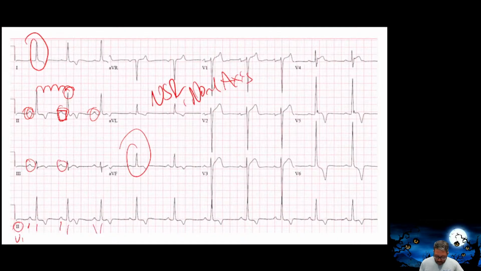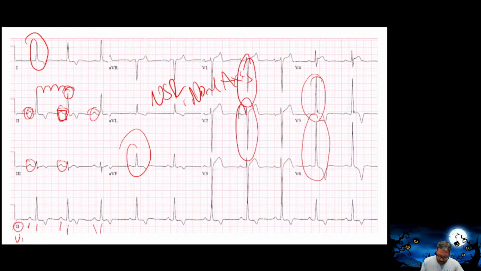Now, let's look at the other ones. This jumps out. I hope that jumps out at you. These deep S waves in V1, V2, V3, deep S waves because of all the electricity being pulled away from that lead. Remember, every time you're looking at an EKG, it's a camera looking at a specific part of the heart.